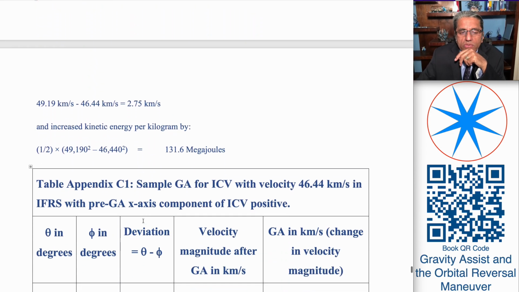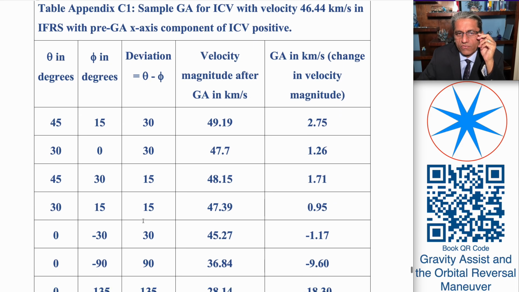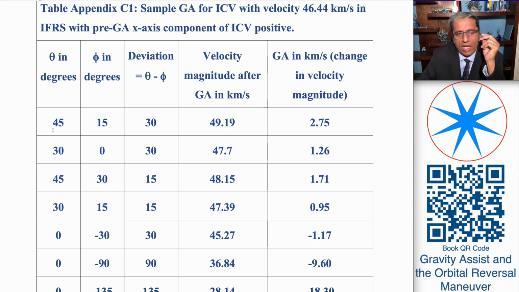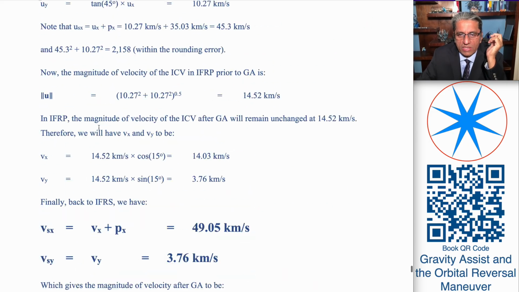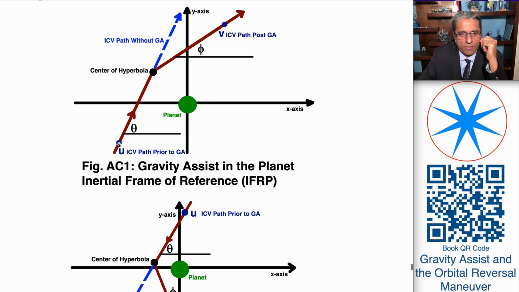And using these equations, I plot the sample gravity assist for various angles. Like when theta was 45 and phi is 15, that's the first one that I have. So theta means that it approached at a 45-degree angle, and after gravity assist the direction of asymptotic travel was at 15.